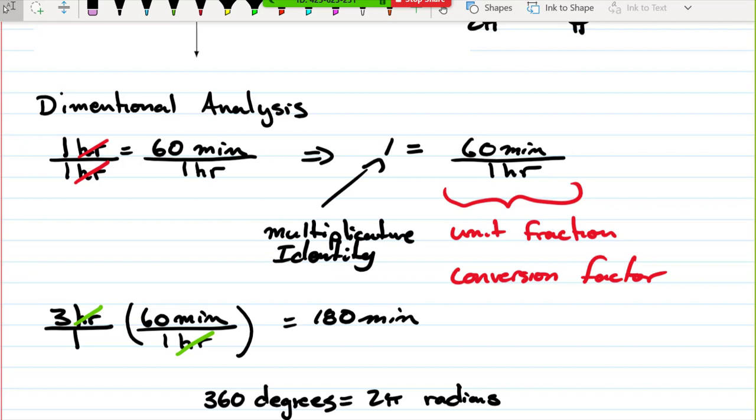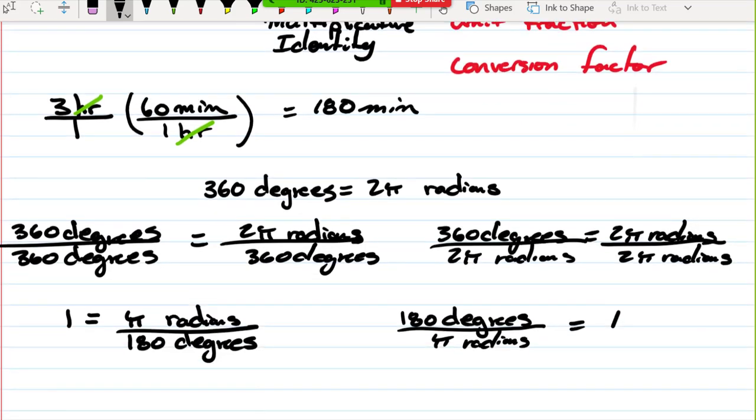When I wanted to convert from hours to minutes in my unit fraction, since my hours were in the numerator, I needed the unit fraction or conversion factor that had hours in the denominator, so that the hours in the numerator would reduce out with the hours in the denominator, leaving me with the units of minutes.